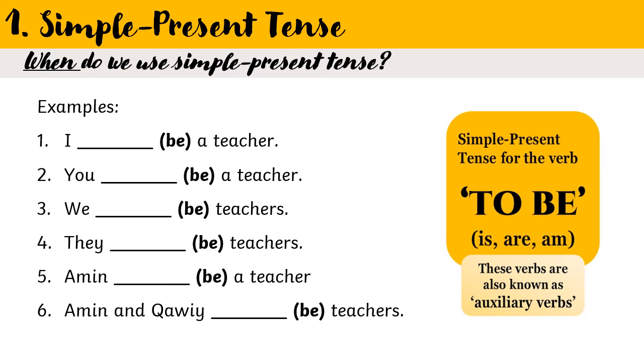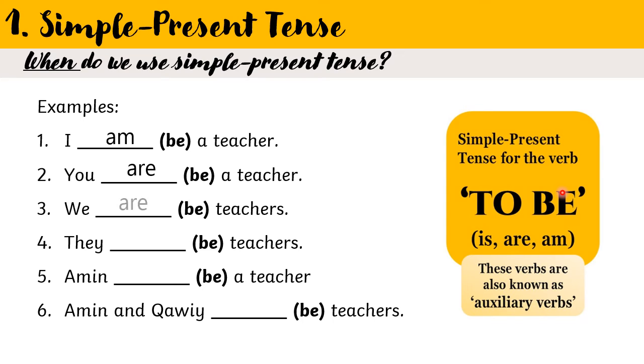Now, let's practice our verb to be, which is basically am, is, are. I, a teacher. So if it's I, of course, it's am. Easy. You, is, are, am? Are a teacher. We, is, are, am?